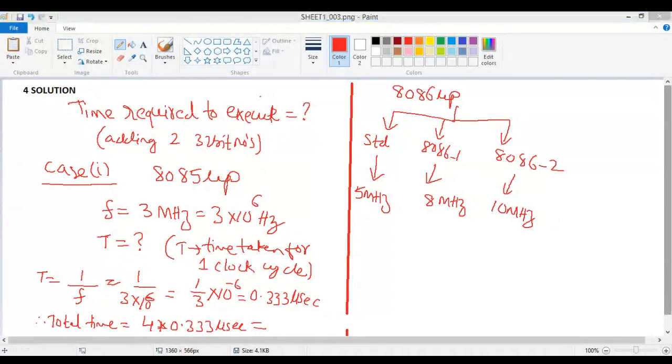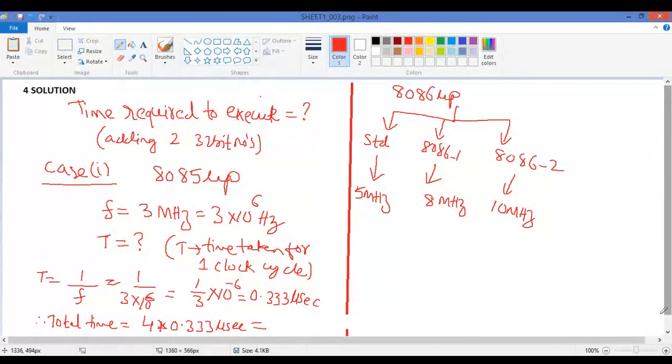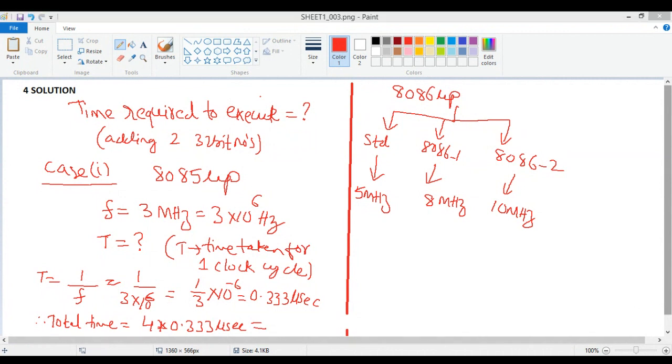If this is not asked, you can find out for any one of them and mention that you found it for the standard version or 8086 version 1 or version 2. It is not given, so I'm finding for the standard version. But be careful that if it is mentioned in the question to find out how much time is required for 8086 version 1 or version 2, then you should use the corresponding frequencies.